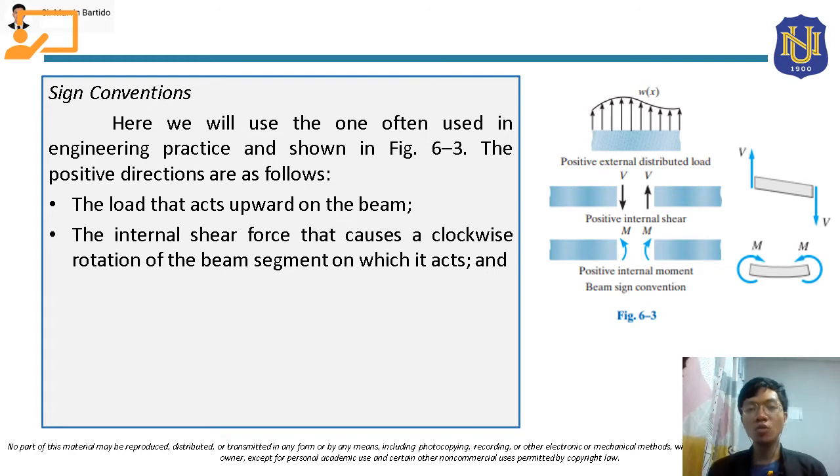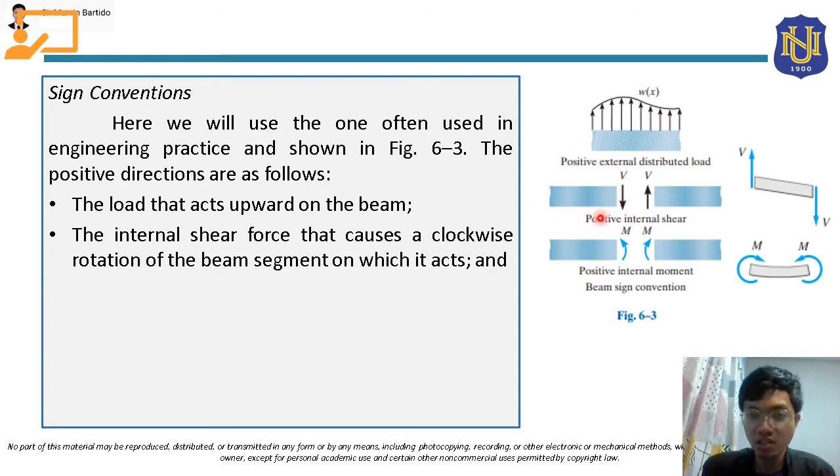Okay, so we will assume positive internal shear force if it causes a clockwise rotation of the beam segment on which it acts. Let's say for this beam segment, at this section, this is the internal shear force. As you can see here, class, this internal shear force will cause a clockwise rotation of this beam segment.